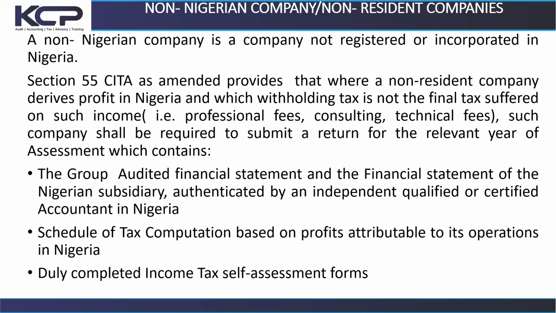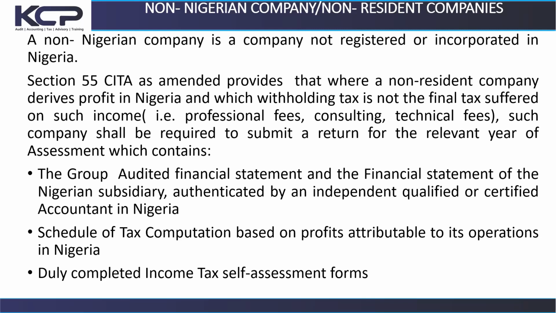Such companies shall be required to submit returns for the relevant year of assessment, right? So it means that a non-Nigerian company or individual could actually have what we call franked investment income, or other forms of income that are subject to tax even above the withholding tax rates.